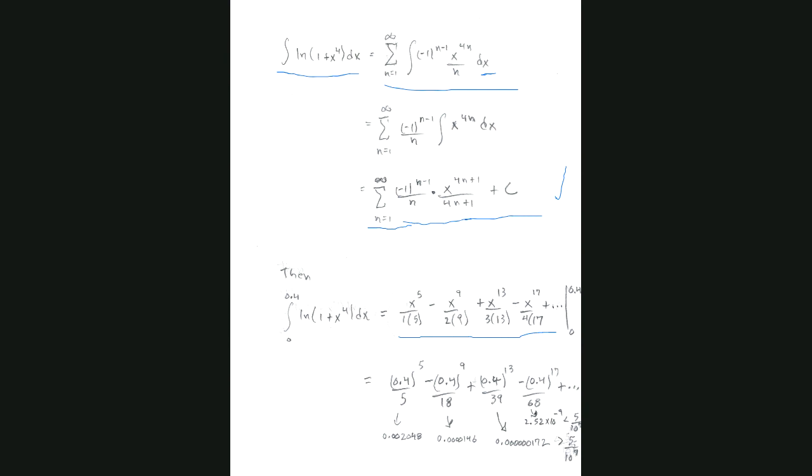All right. So what do you notice about this series here? We have plus x to the 5th over 5 minus x to the 9th over 18 plus x to the 13th over 39 minus x to the 17th over 68.